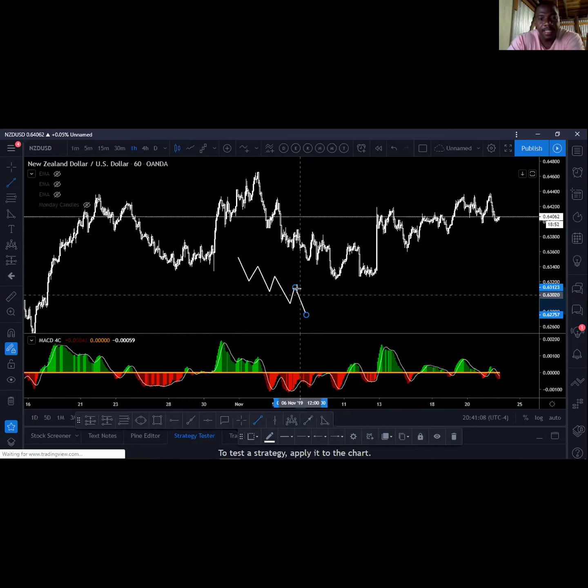Now, at any given swing point, you might see a pattern. The basic candle pattern you would see would look like this.